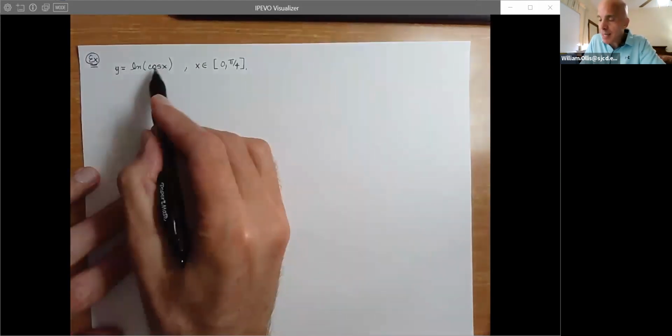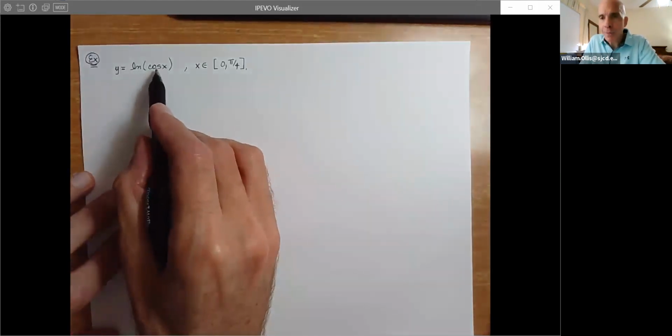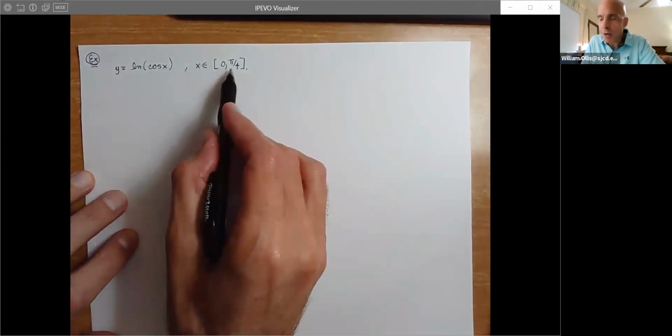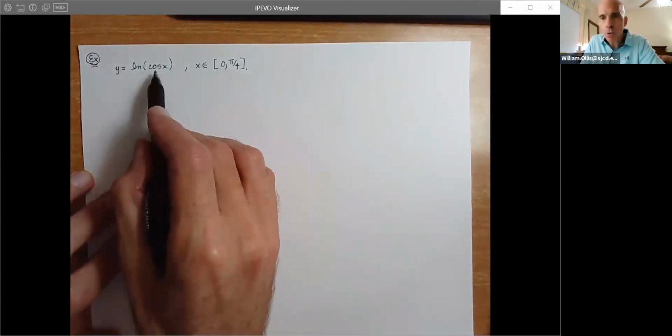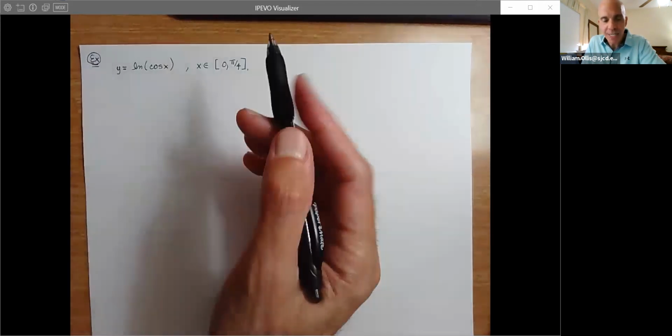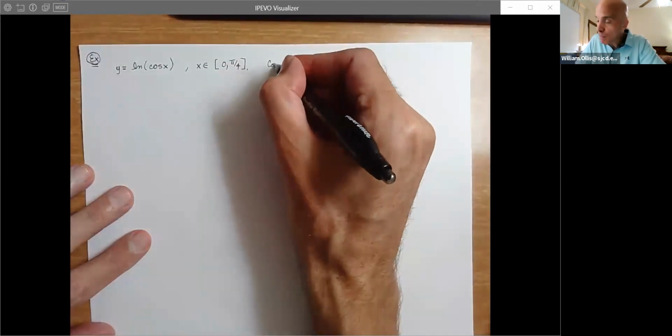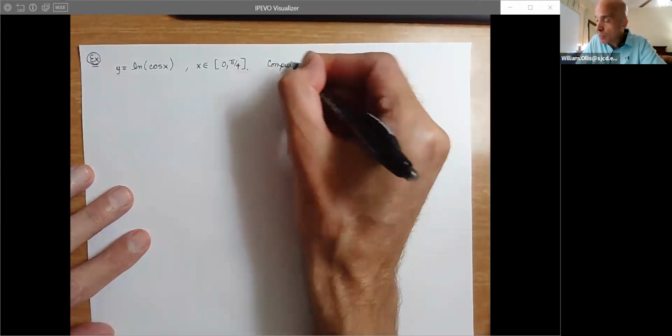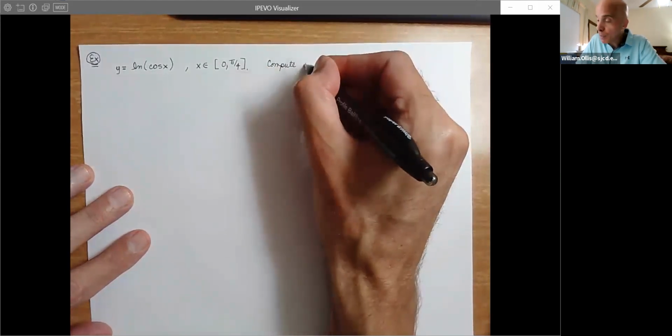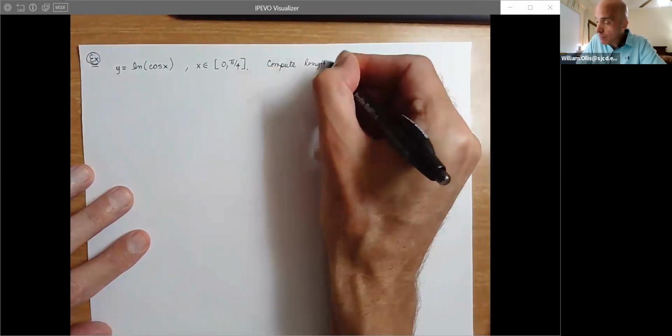So we have a nice argument here. That is, the argument cosine is positive for this interval. And so, of course, this is defined as we need it to be. And so what we want to do, again, is get some practice with this. Compute arc length, or compute length of curve.